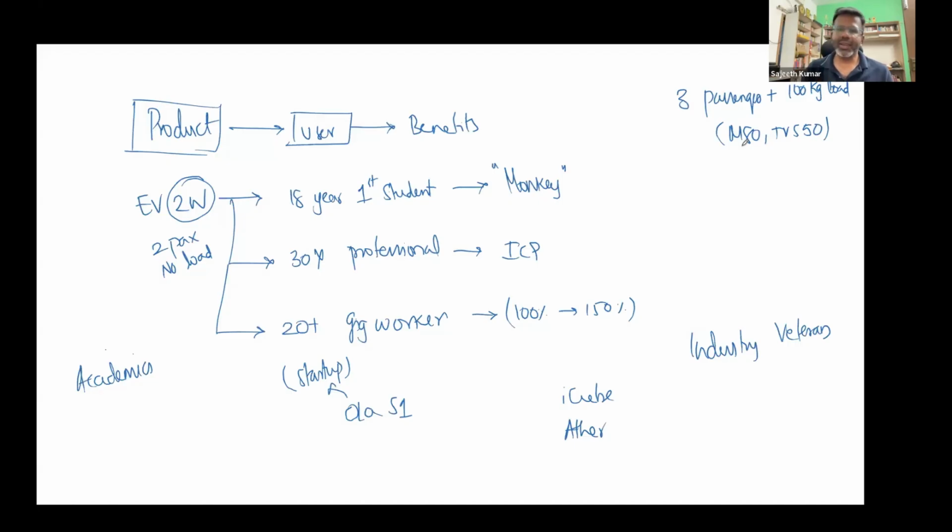But why did the M80 survive in India? Or for that matter, why is the TVS 50 the only moped which we have? From the time it was launched, probably in the early 80s until now, just imagine 45 years, there is just one vehicle which has survived in the industry, and that is the TVS 50.